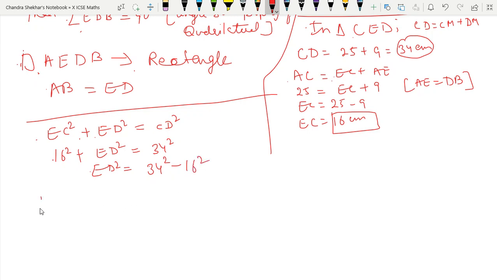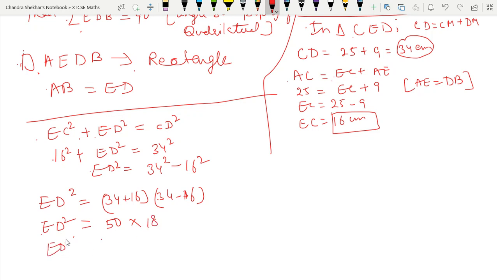To make it simple, ED square will be equal to 34 plus 16 times 34 minus 16. Use the property. 34 plus 16 is 50, and 34 minus 16 is 18, which becomes 900.